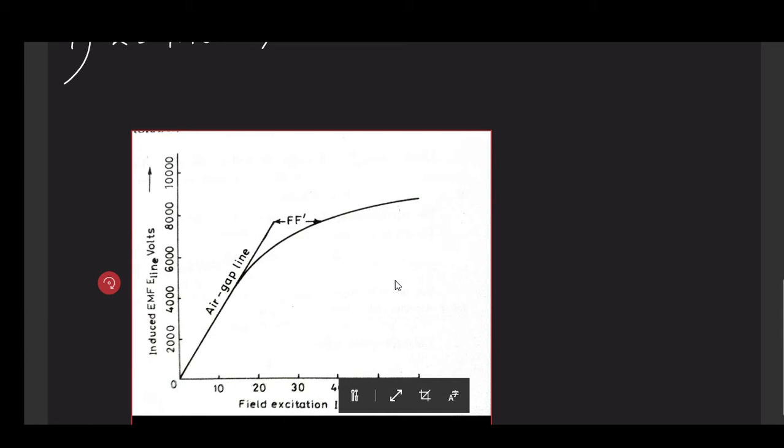So this is our alternator with this open circuit characteristics.